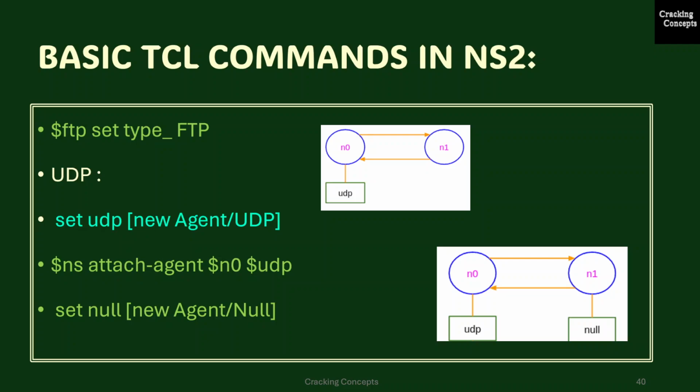Then we have UDP. User Datagram Protocol is one of the main protocols of the Internet protocol suite. UDP helps the host to send messages in the form of datagrams to another host which is present in an Internet protocol network without any kind of requirement for channel transmission setup. UDP provides an unreliable service and datagrams may arrive out of order, appear duplicated or go missing without notice.